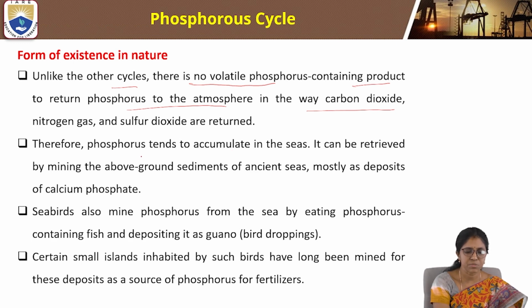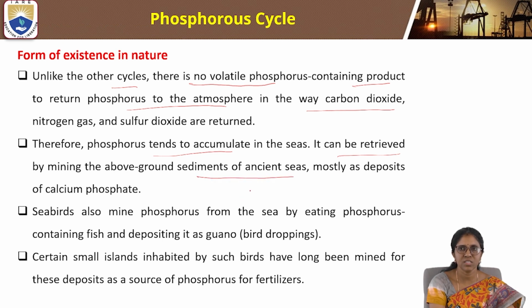Therefore, phosphorus tends to accumulate in the seas. It can be retrieved by mining above ground sediments of ancient seas, mostly as deposits of calcium phosphate.